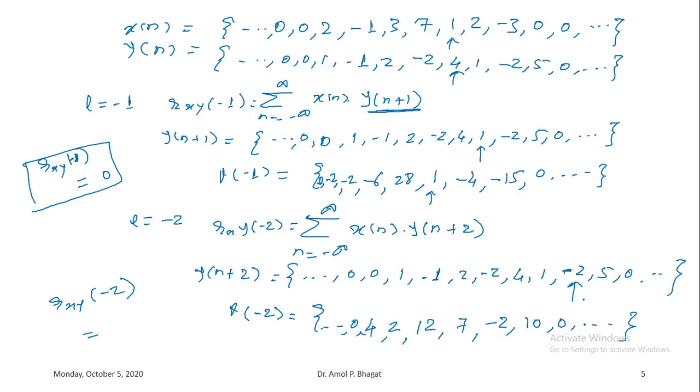Initially the origin was at minus 2, so minus 2 multiplied by 1, you have got this minus 2 value, so this was the origin. If you add all these values, 4 plus 2 will be 6, 6 plus 12 will be 18, plus 7 is 25, minus 2 is 23, plus 10 will be 33.